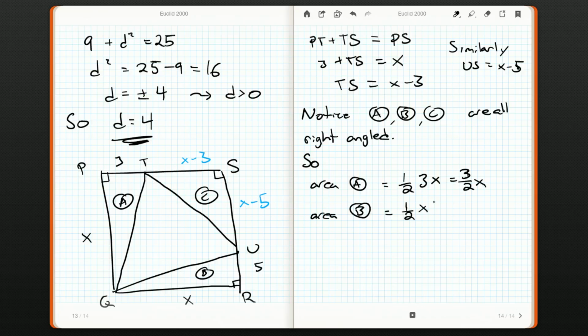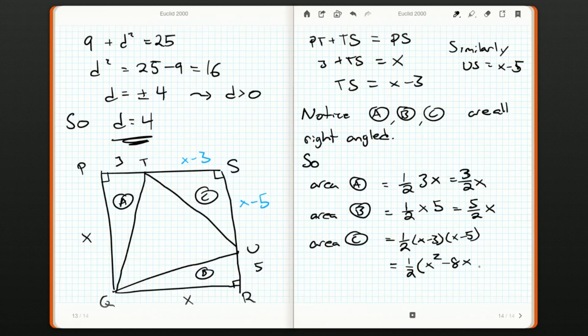We can say the base might be x and the height is 5. 5/2 of x is the area of B. Now for the interesting one, area of C. 1/2, we'll say the base is x minus 3, and the height is x minus 5. So we're going to get 1/2 of, using FOIL, firsts, outsides, insides, lasts, x squared minus 8x plus 15.